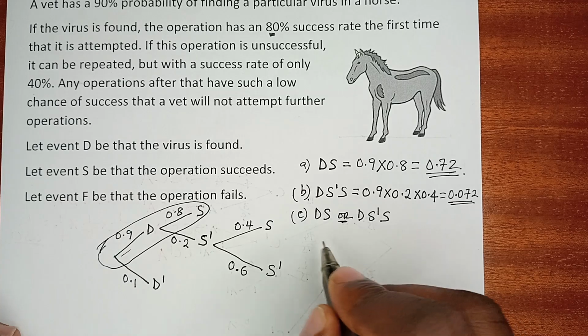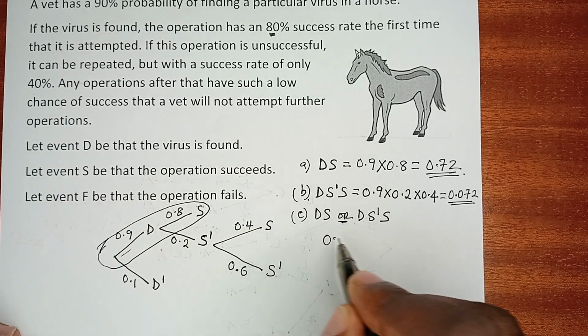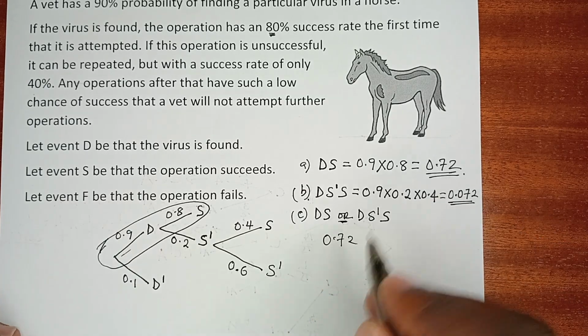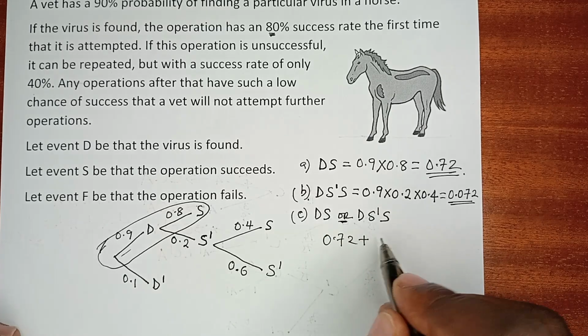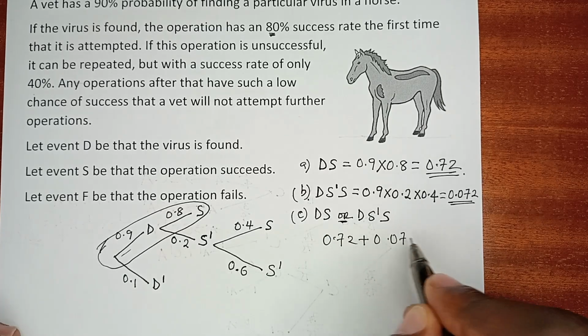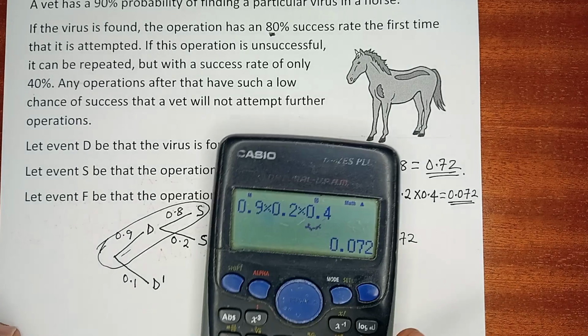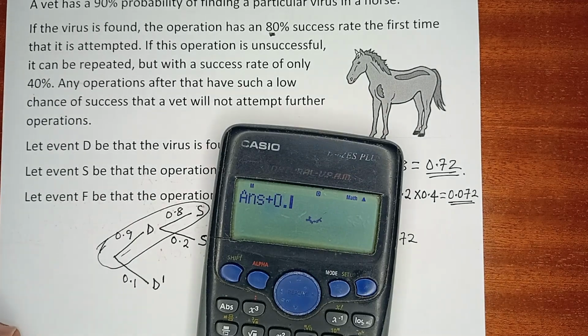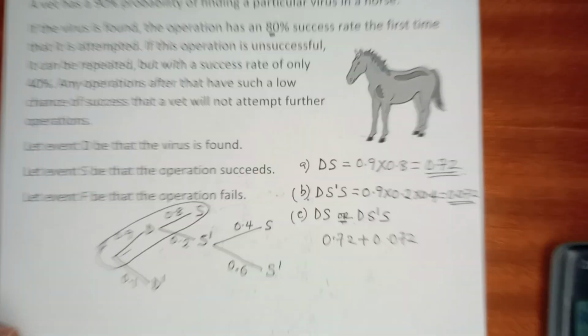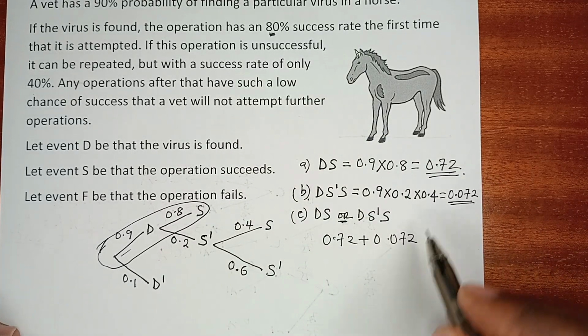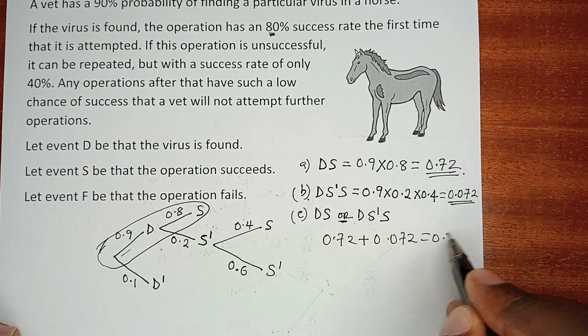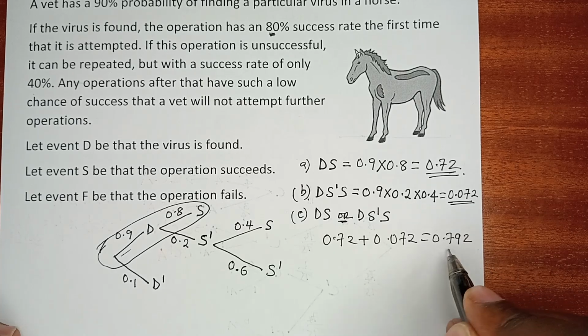So we have 0.72, which is this, plus 0.072, which is the other one, and we get 0.792.